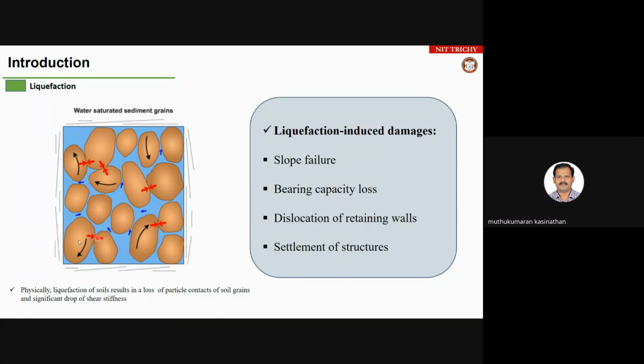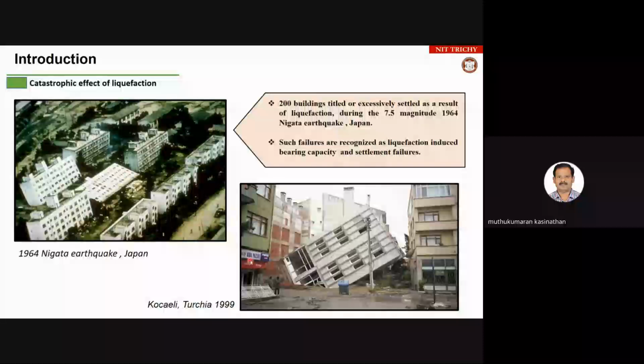But that connection is destroyed by the shaking, with the help of developing pore pressure. So we have issues related to slope failure, bearing capacity loss, dislocation of retaining structures, and settlement of structures. These are the problems induced by liquefaction.